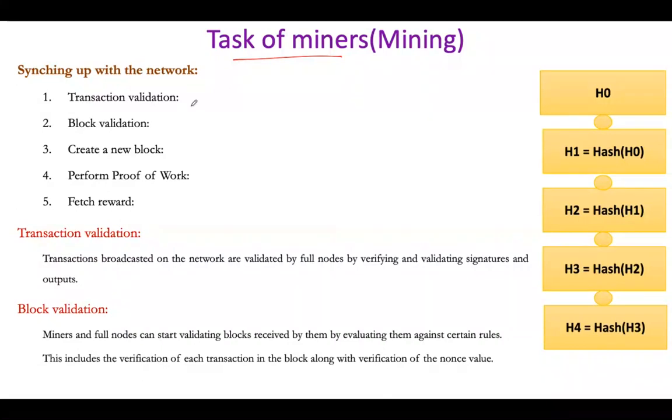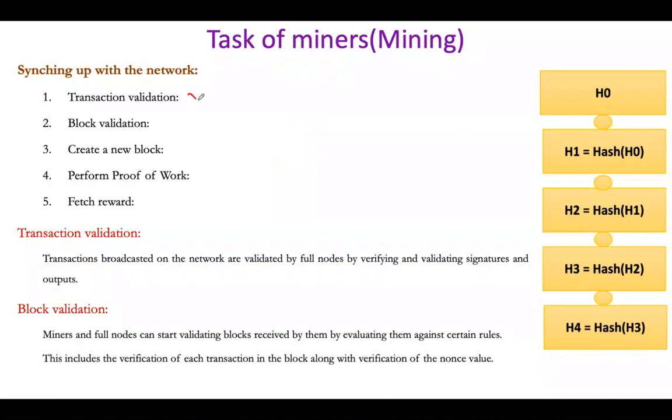Once a new node joins the Bitcoin network, it downloads the blockchain by requesting historical blocks from other nodes. This is not necessarily a task only for a miner; it is necessary for every node in the network.